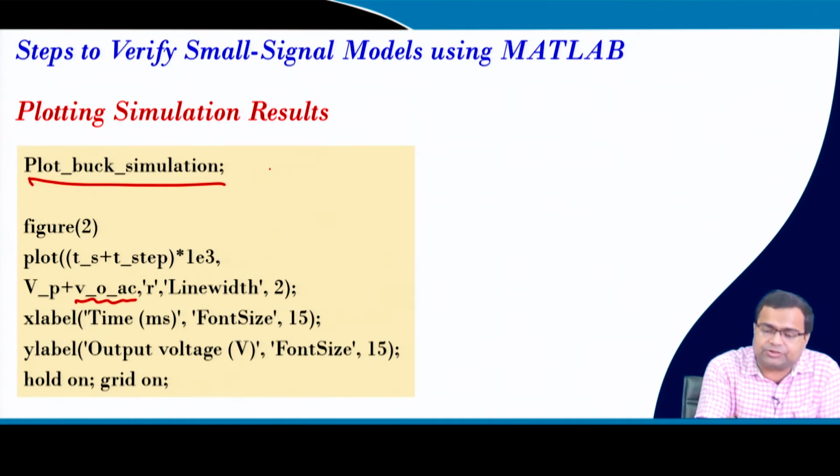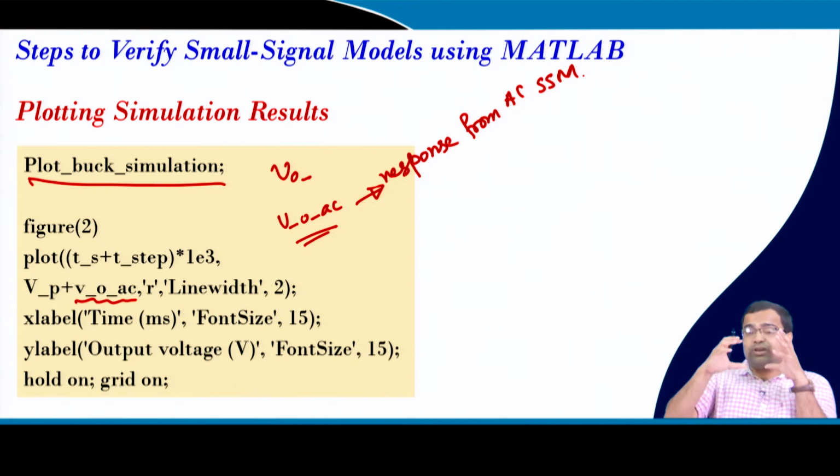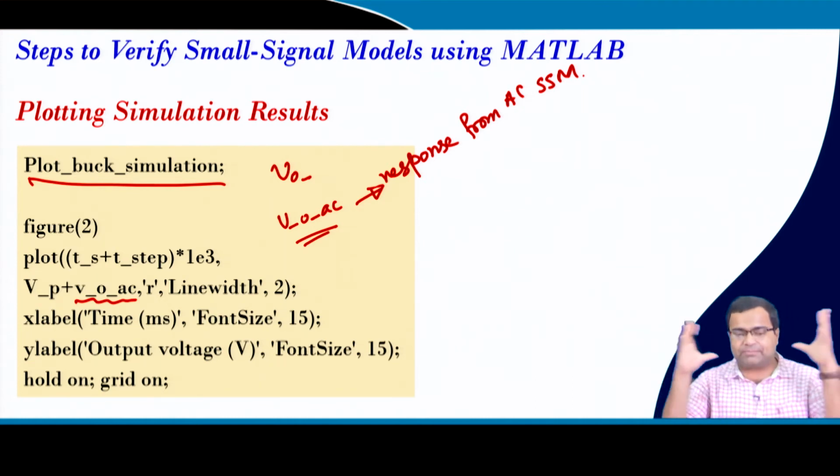You see this V0, sorry, here it is V underscore 0 underscore AC. So this is the response from the AC small signal model.